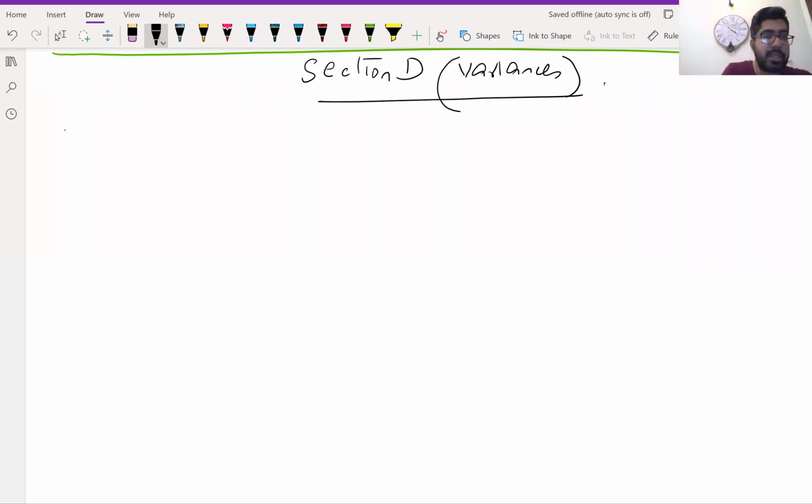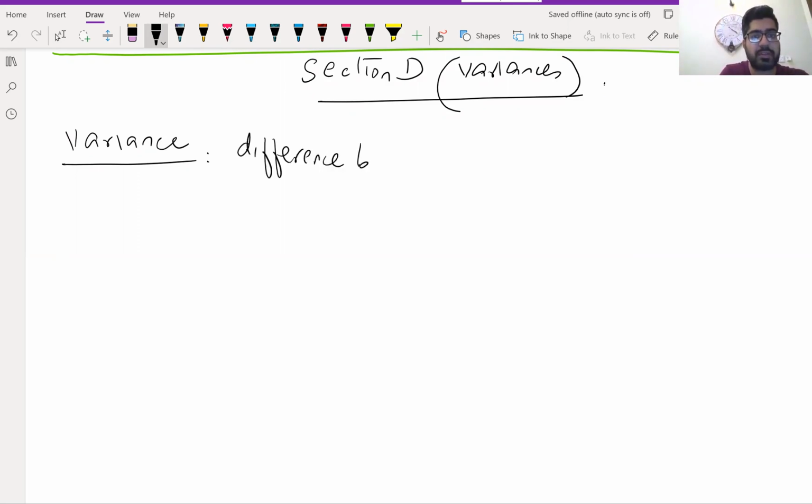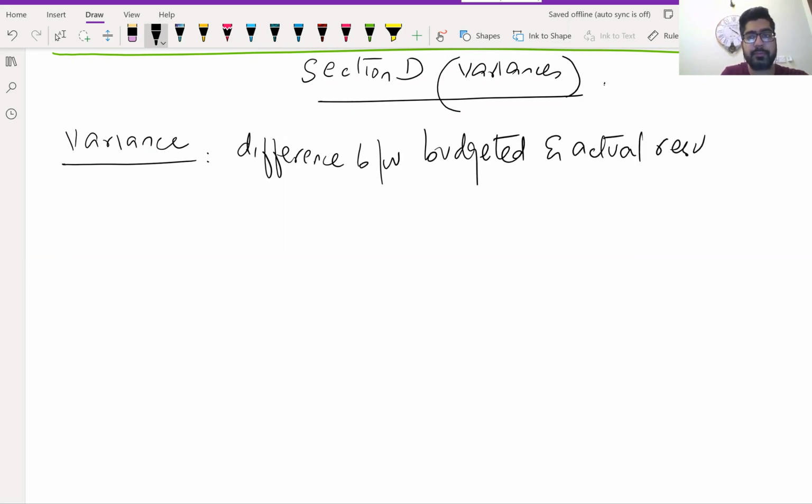Now, obviously, when we talk about variance, as we have discussed in many of our studies, not just ACCA studies, variance is just the difference between budgeted and actual results.